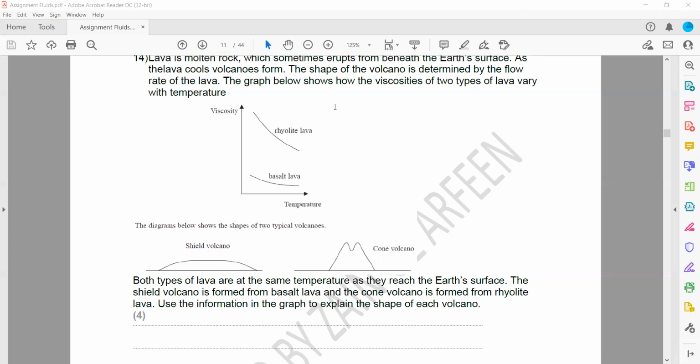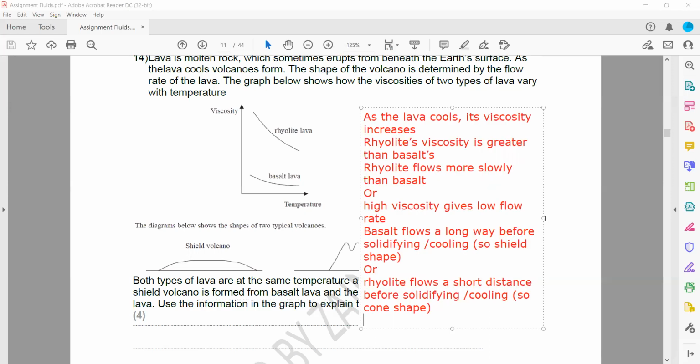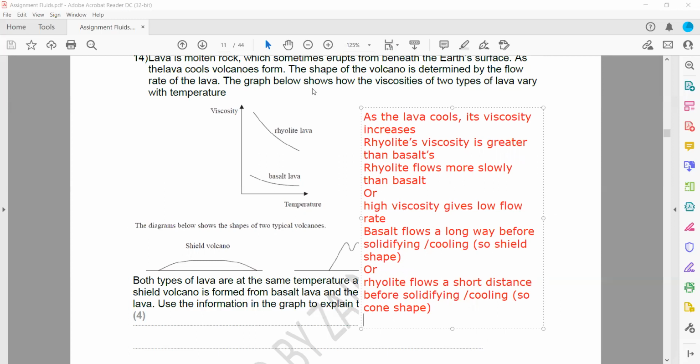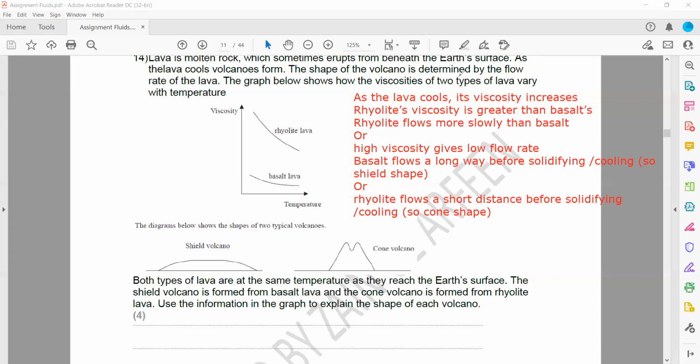So what can we say about this? When we compare these, as the lava cools, because it was emitted hot but cooled down, its viscosity increases.